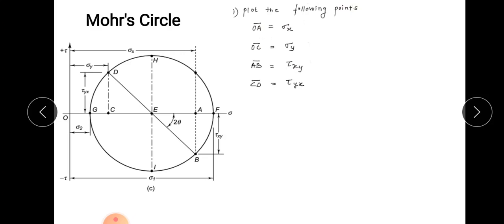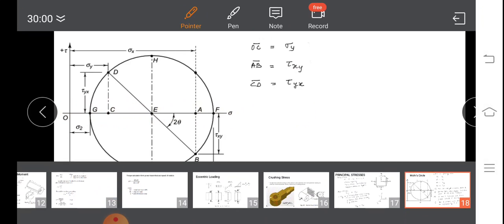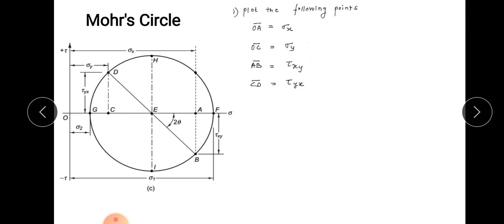If you look at this figure, first we will construct the axes. On the x-axis you can find sigma, and on the y-axis you can find tau. We are considering two-dimensional stresses, so we are not considering sigma z, only sigma x and sigma y.